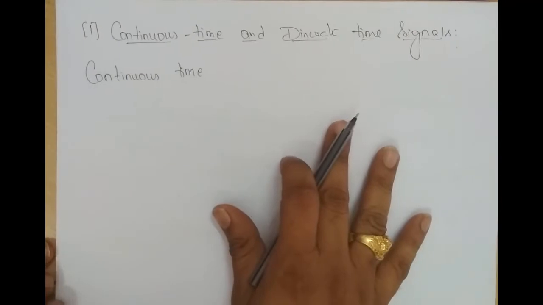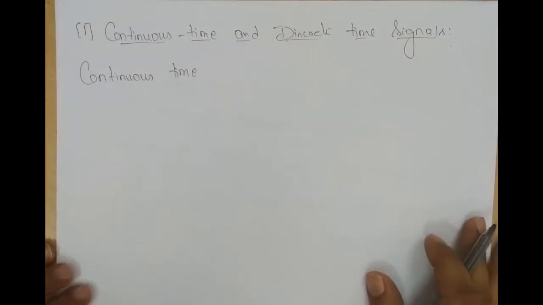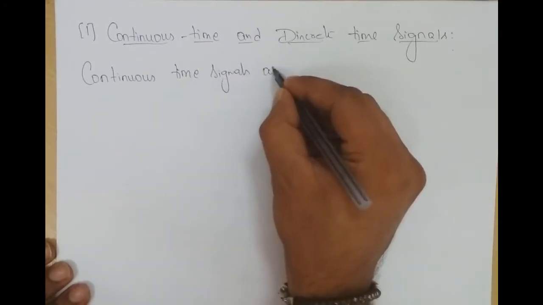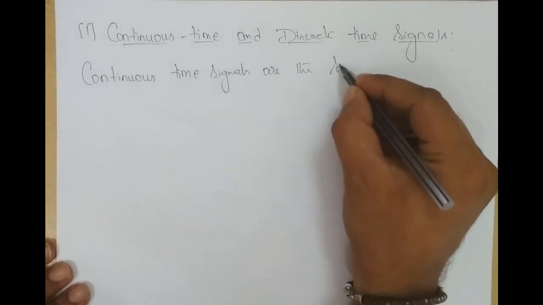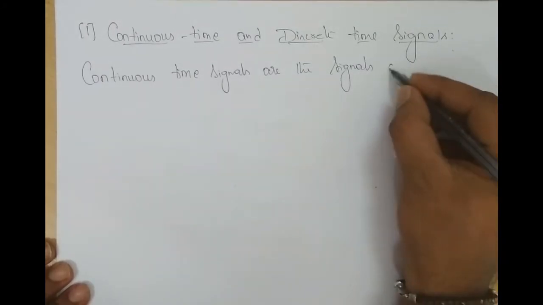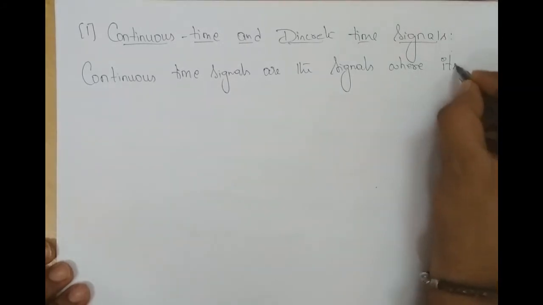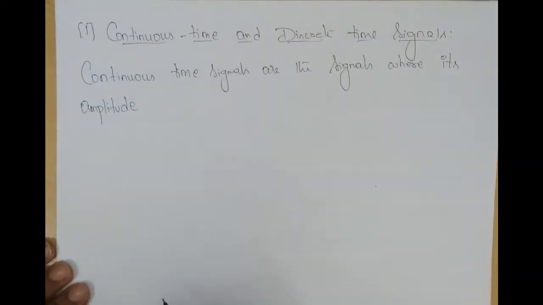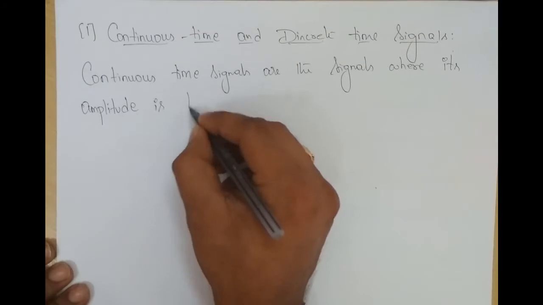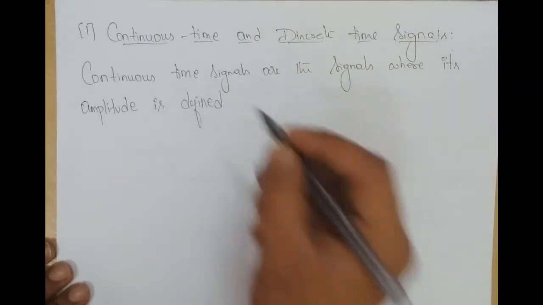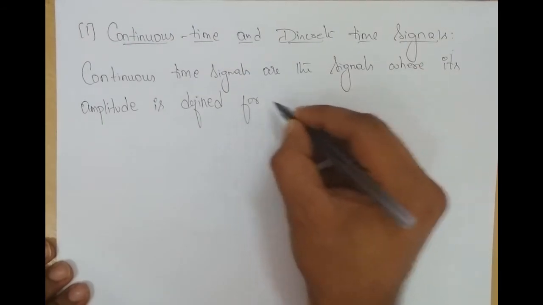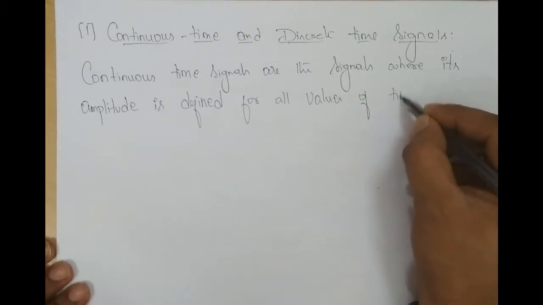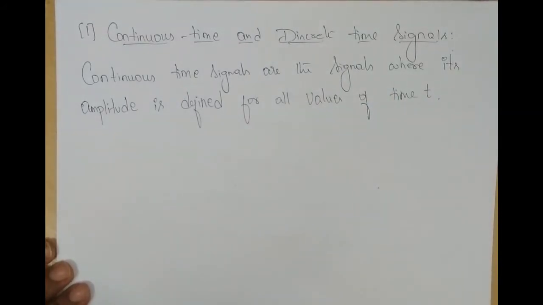Now we'll try to define continuous time and discrete time signals. Continuous time signals are the signals where the amplitude is defined for all values of time t, if it is a continuous time signal.